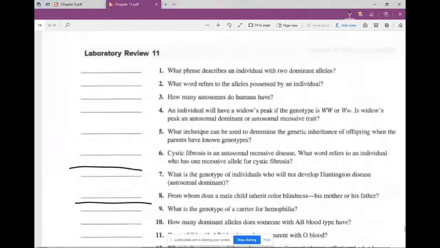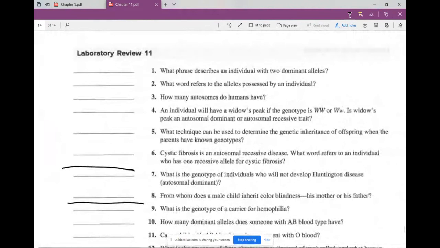What phrase describes an individual with two dominant alleles? That's homozygous dominant. What word refers to the alleles possessed by an individual? That's the genotype.